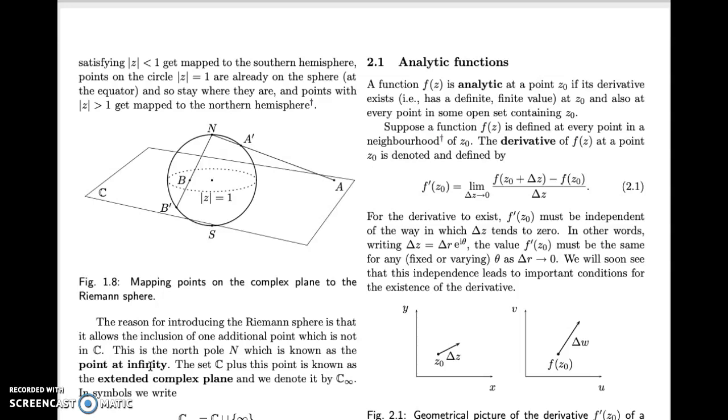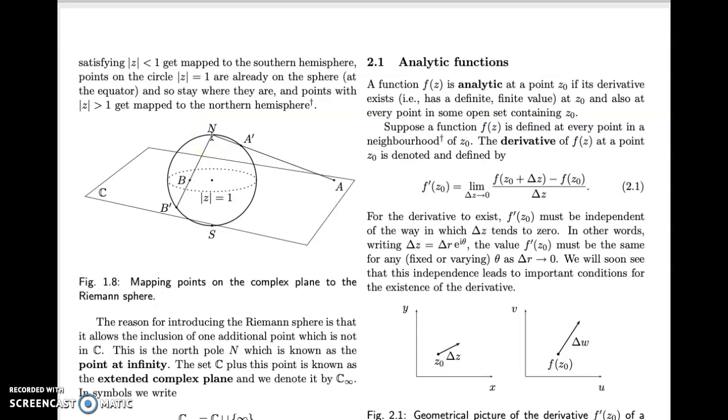Strictly, this point at infinity doesn't correspond to any point in the complex plane, because the complex plane doesn't actually include infinity, because infinity is not strictly a number. So the advantage of the Riemann sphere is that it naturally includes this so-called point at infinity, which is not in the complex plane.